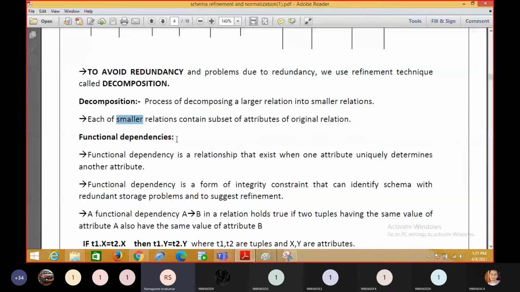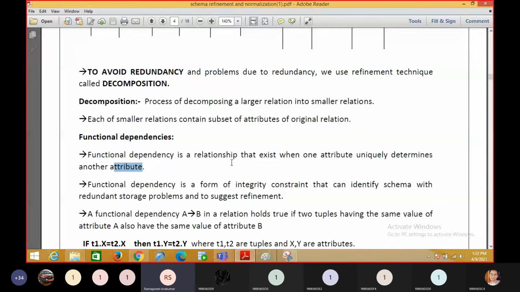Next is functional dependency. What is functional dependency? See the functional dependency theory here. A functional dependency is a relationship that exists when one attribute uniquely determines another attribute.